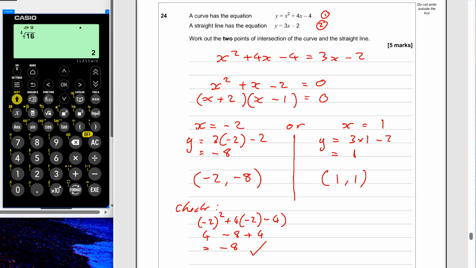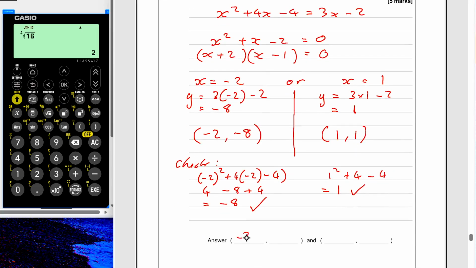So that one is right. And then check with this one, 1 squared plus 4 minus 4 is going to be equal to 1. So that one's right as well. So our 2 points are minus 2, minus 8 and 1, 1.